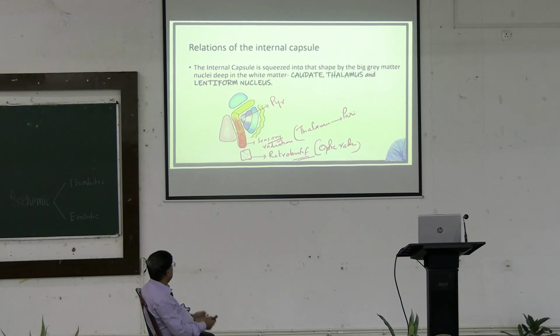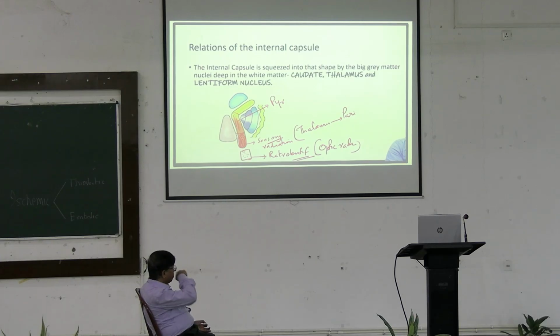The internal capsule is sequestered by the gray matter nuclei deep in the white matter: the caudate nucleus, thalamus and lentiform nucleus. You can see this is the thalamus, this is the caudate nucleus and this is the lentiform nucleus. In between them is the V-shaped structure.